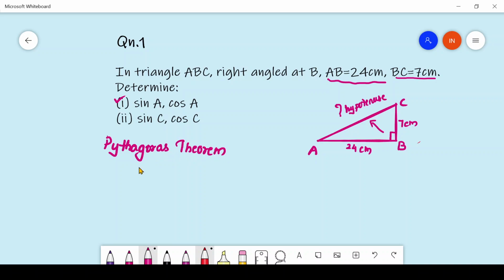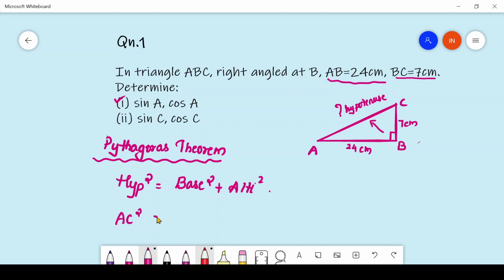So what is Pythagoras theorem? In a right triangle, we can say that hypotenuse square will be equal to base square plus altitude square, right? So in this case, let us see what is hypotenuse. We know that is AC square, that is equal to AB square plus BC square.